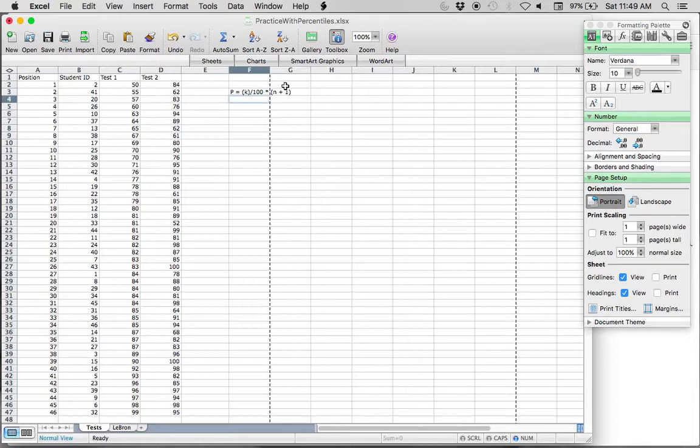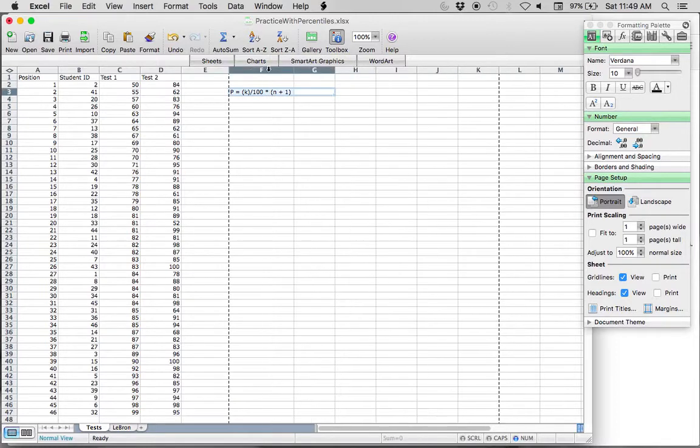Okay, so this is our formula, right? P, the position of the kth percentile, is K divided by 100 times N plus 1. All right, so this is where P is position, K is percentile, and N is the number of observations.